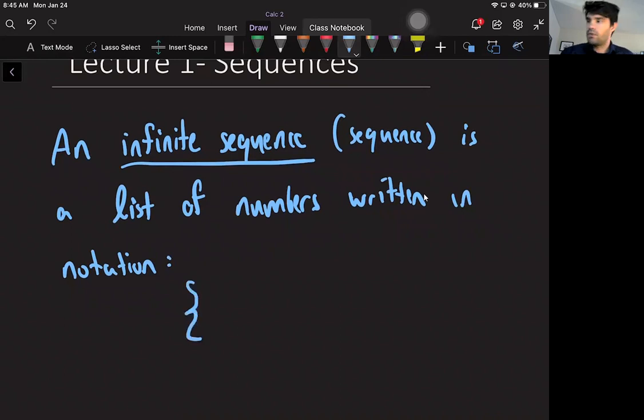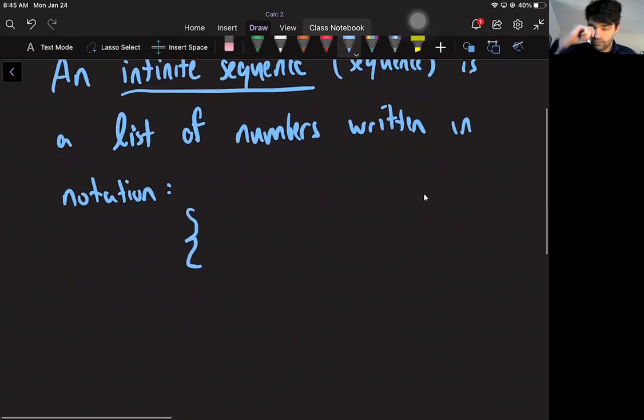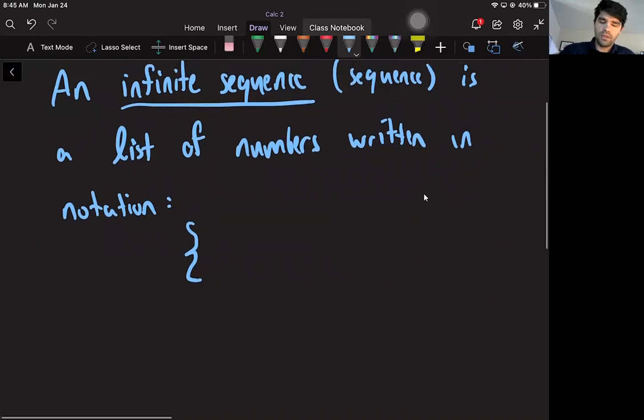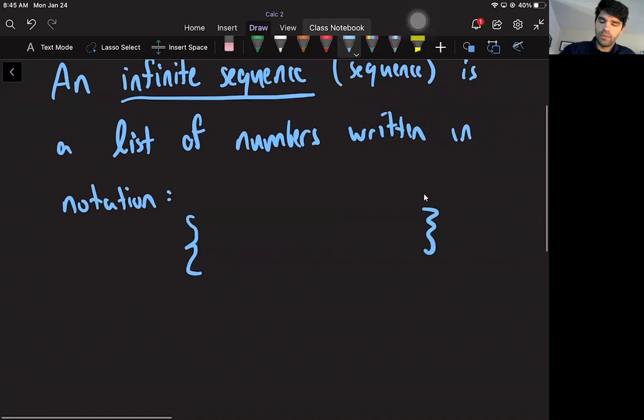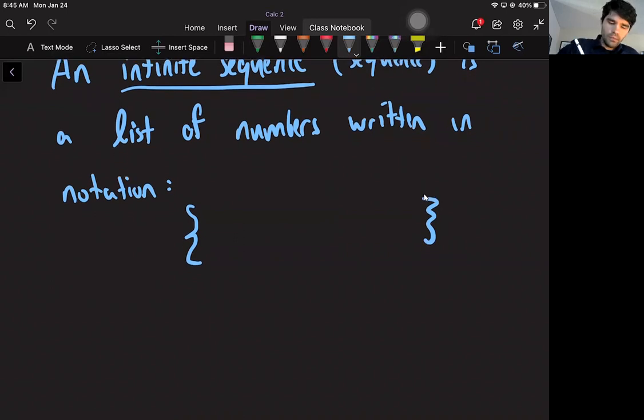So here's the notation. You use curly braces, and then you write the numbers in the sequence in the curly braces. But since we're being very arbitrary, we don't know what these numbers are in a particular example yet. What we do for now is we just use variables, and I'm not going to do this because I'm going to run out of letters as soon as I get to 26.